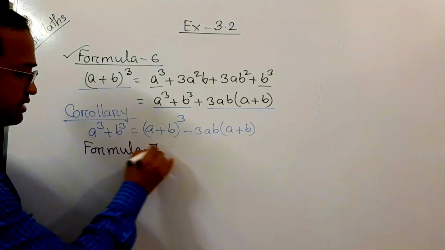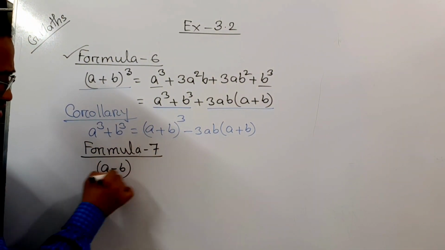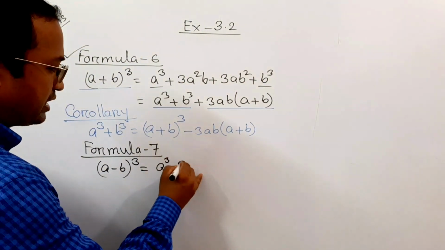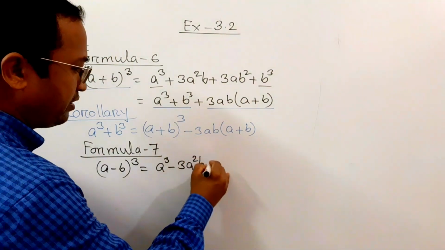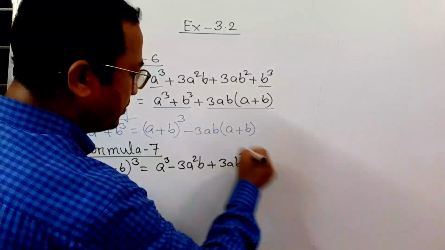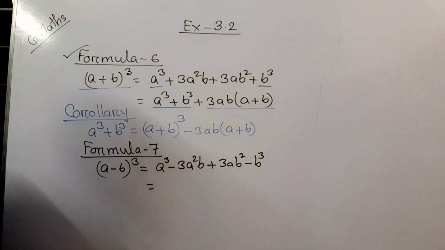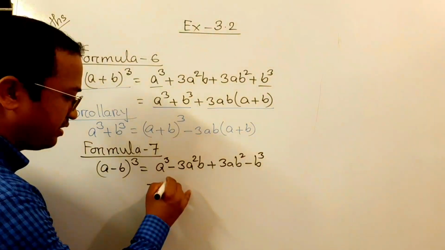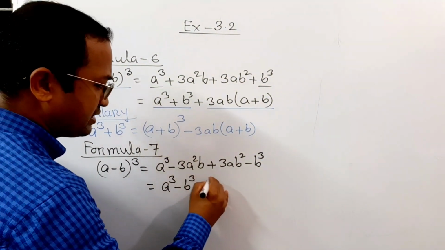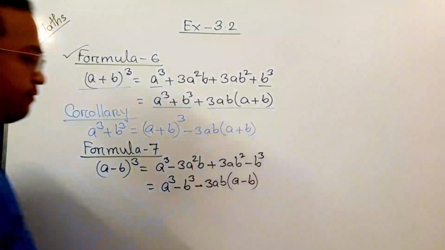Formula number 7, that is a minus b whole cube: a cube minus 3a square b plus 3ab square minus b cube. Similarly, as formula number 6, we can write like this: a cube minus b cube minus 3ab, and it will be a minus b.